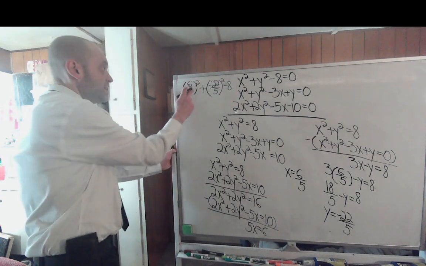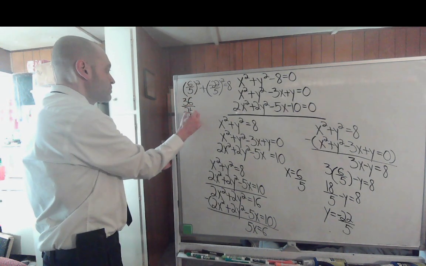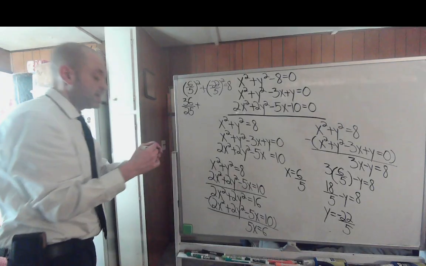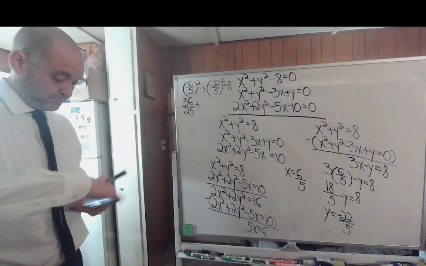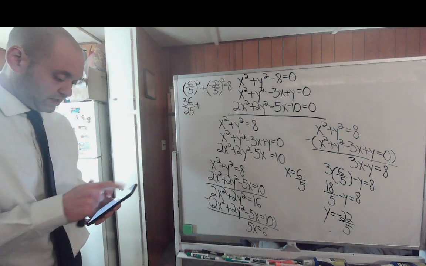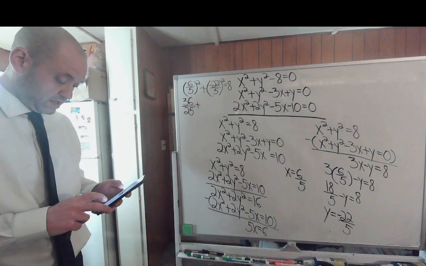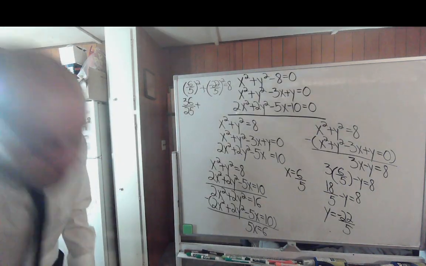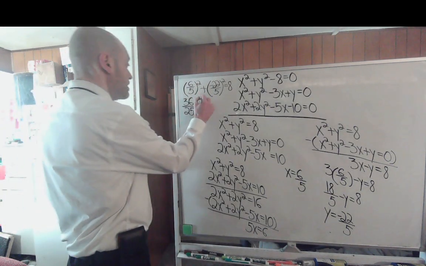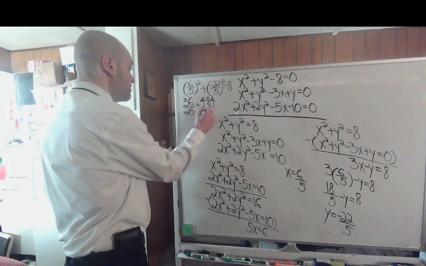Well, 6/5 squared is 36/25, plus now we have 22 squared over 5 squared, which is 484 over 25.